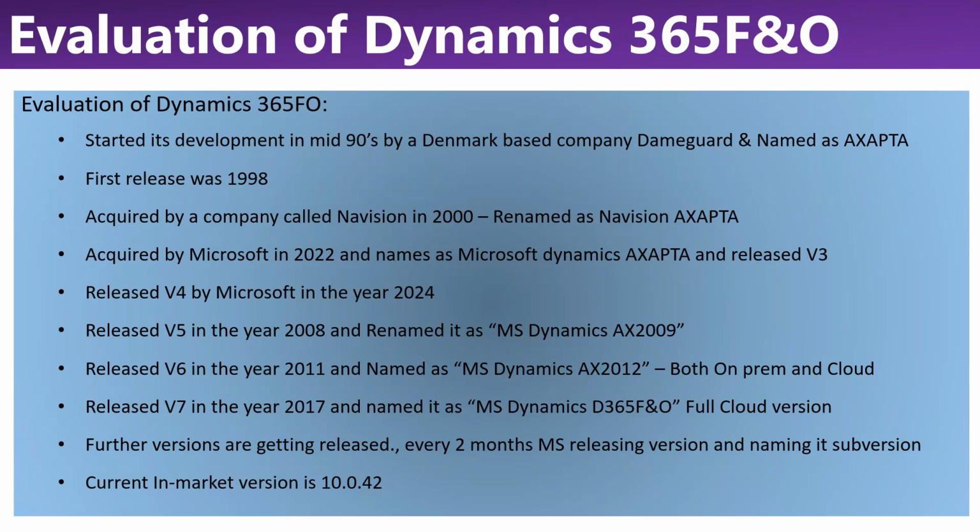Later the release plan was completely changed by Microsoft. When I say the release plan is completely changed, they are not releasing yearly versions, or versions once in a year or once in 2 years. Continuous development is in progress.